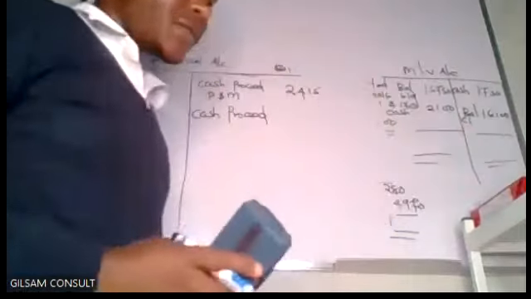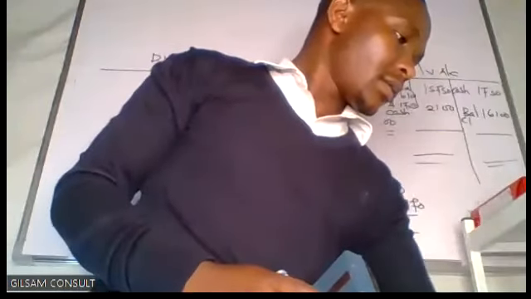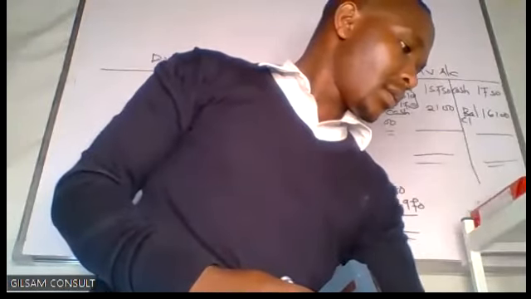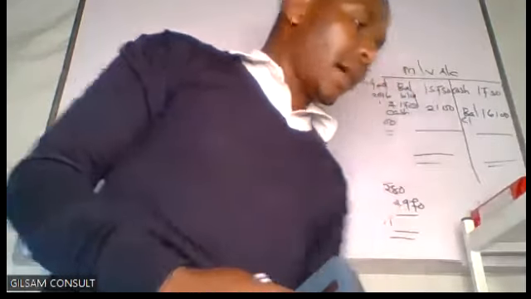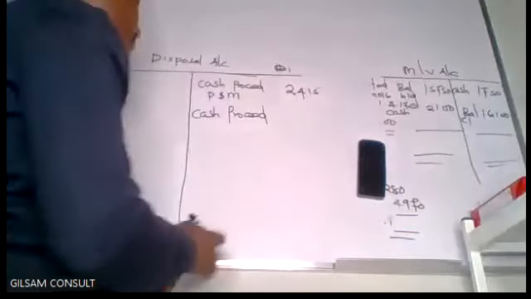What else did we sell? This also: office and equipment at 224.